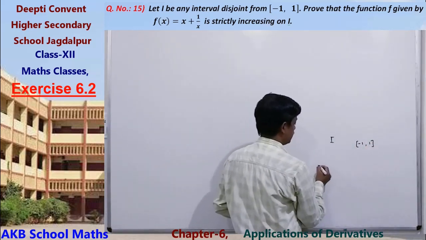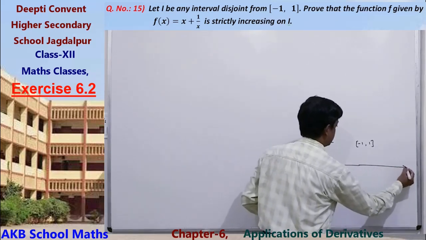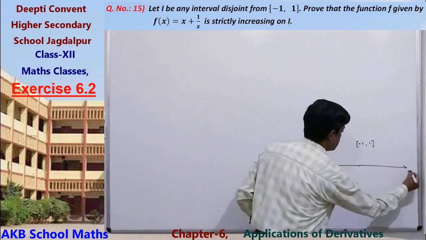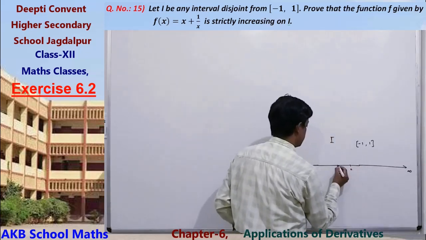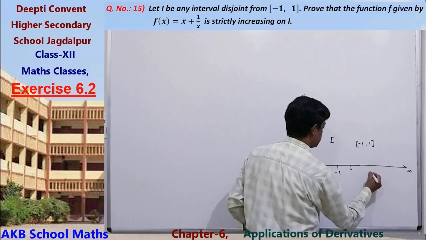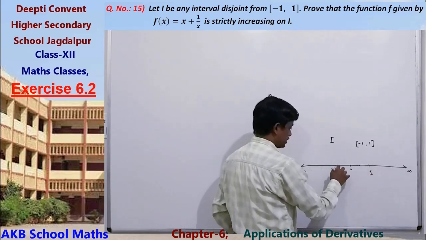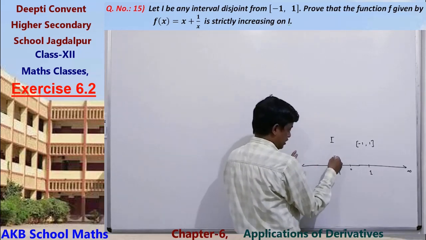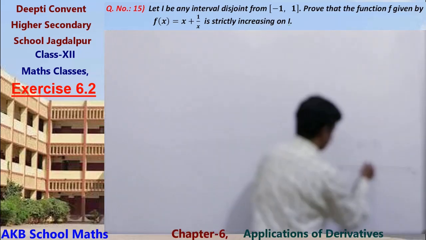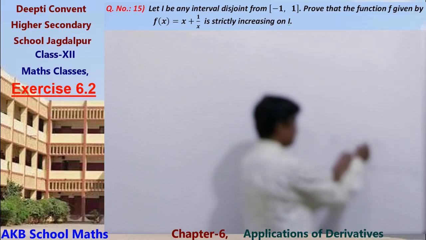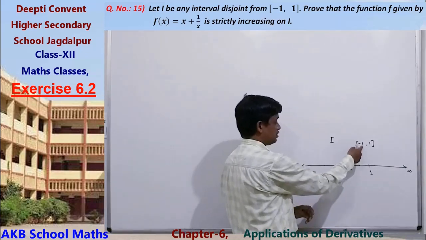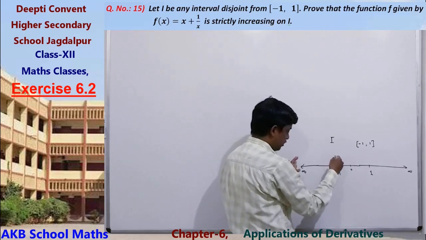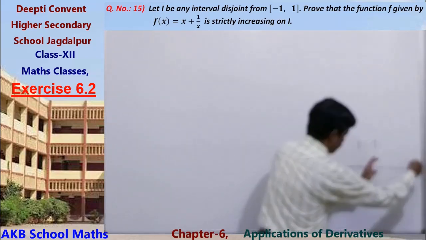That is, in minus infinity to plus infinity, this is 0, this is minus 1, this is plus 1. Excepting this, I may be this interval or this interval, because disjoint from this means this is not contained in I. So I is minus infinity to minus 1 union 1 to infinity.